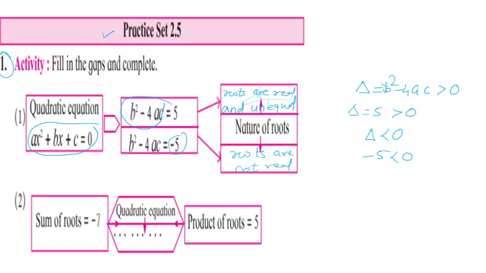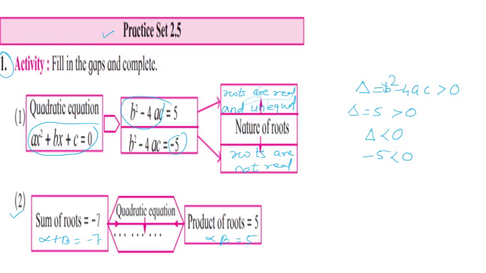Now the second activity. The sum of roots is given as minus 7, that means alpha plus beta equals minus 7, and the product of the two roots, alpha into beta, equals 5. You have to obtain the quadratic equation.